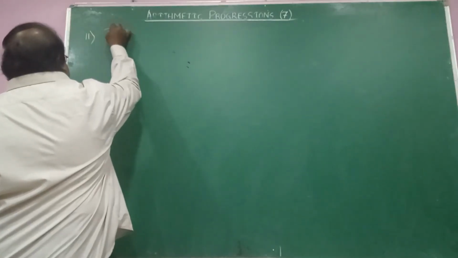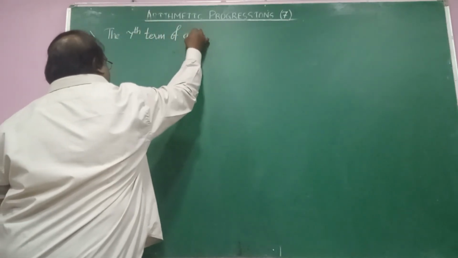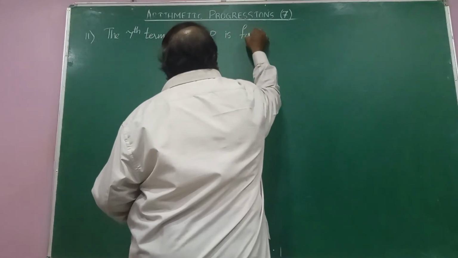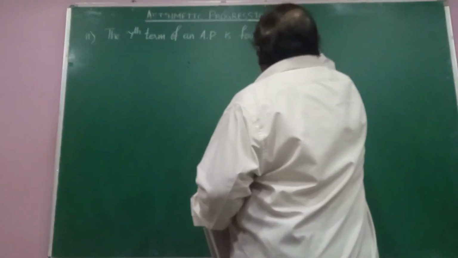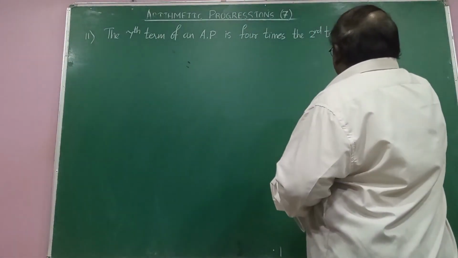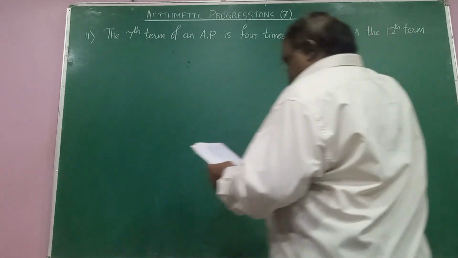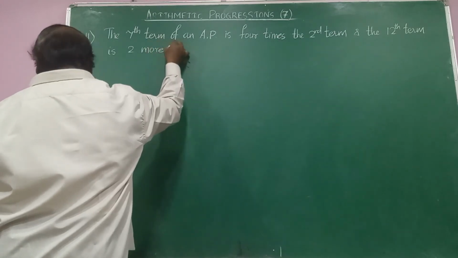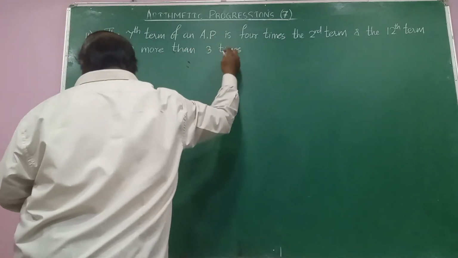The seventh term of an arithmetic progression is 4 times the second term, and the 12th term is 2 more than 3 times its fourth term.